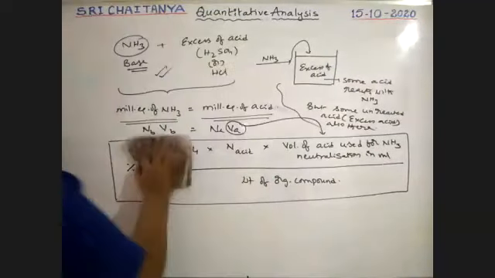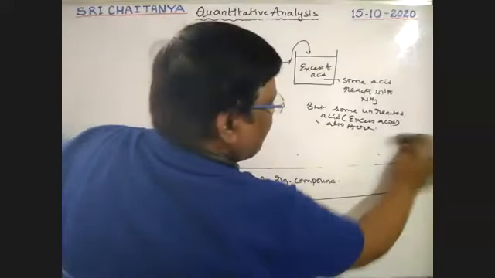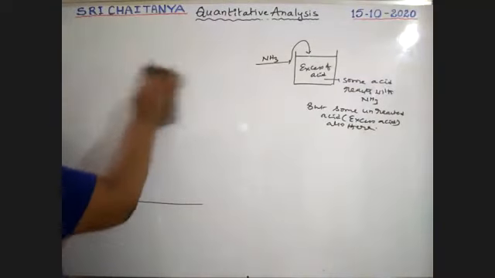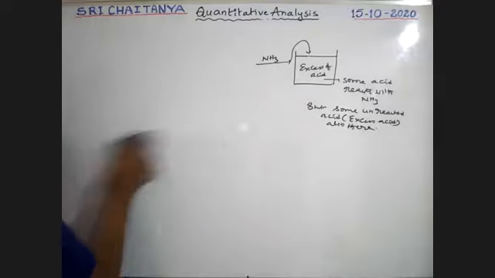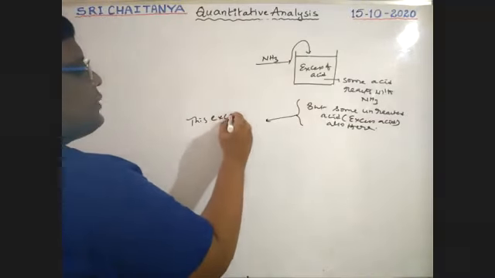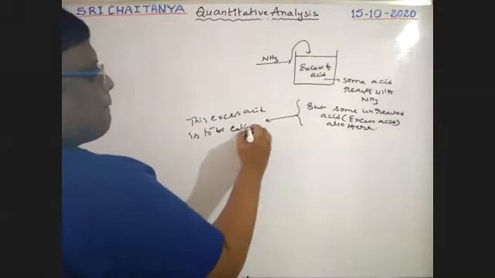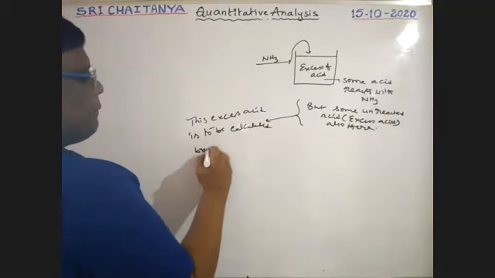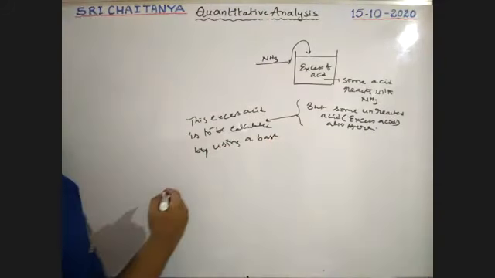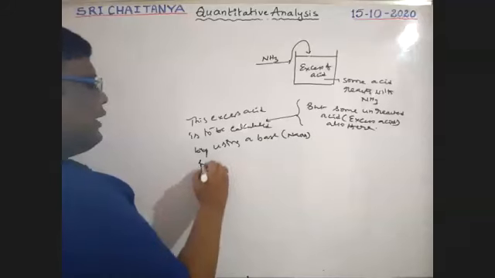This excess acid is now to be calculated by using a base like NaOH, because it is an acid, in back titration.